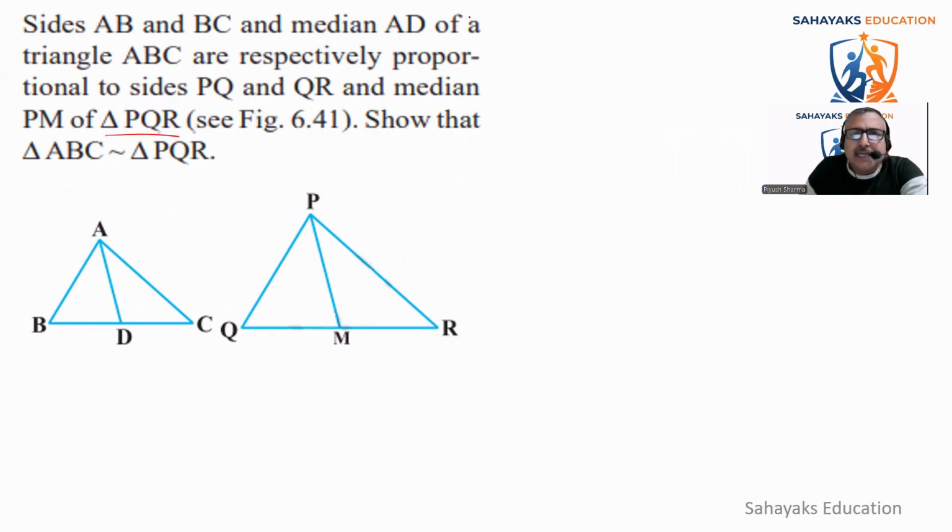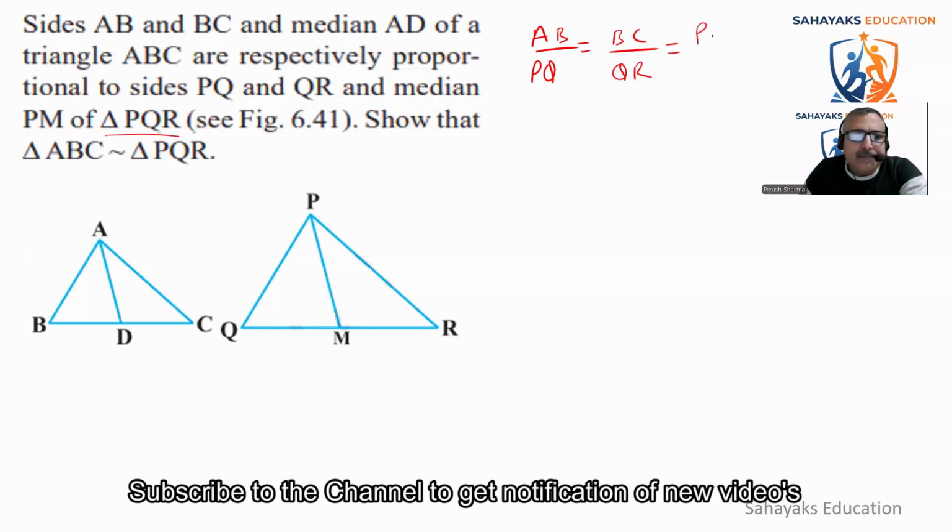So it's mentioned that AB divided by PQ is equal to BC divided by QR equal to AD divided by PM. This is given. Show that triangle ABC is similar to triangle PQR.